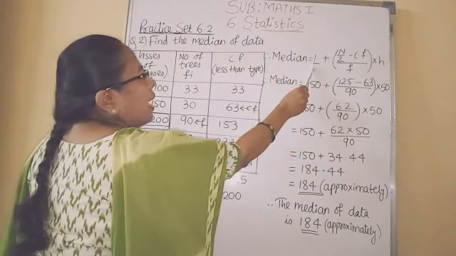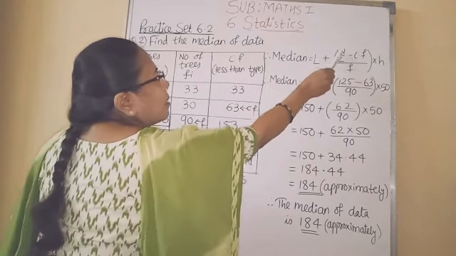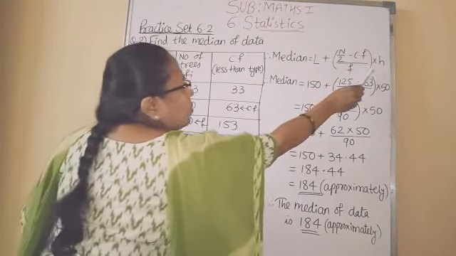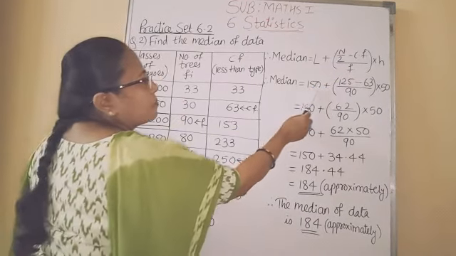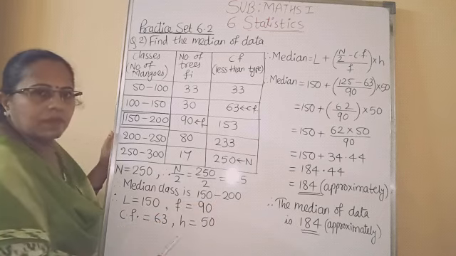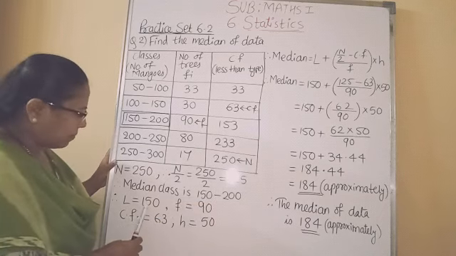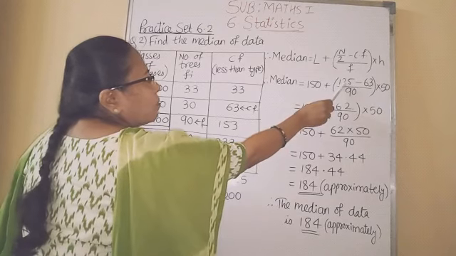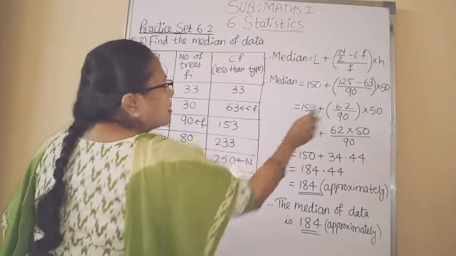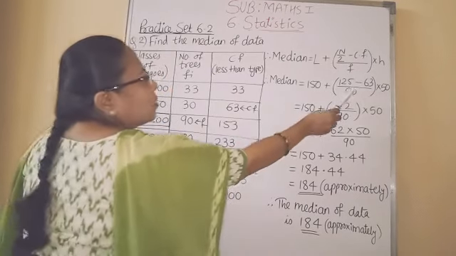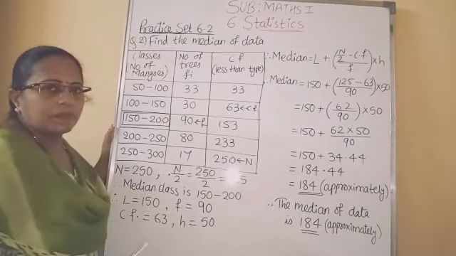Median is equal to L plus N upon 2 minus CF upon F into H. So we substitute values, all values are with us. L is 150 plus N upon 2, 125, minus CF 63 upon F 90 into H 50.